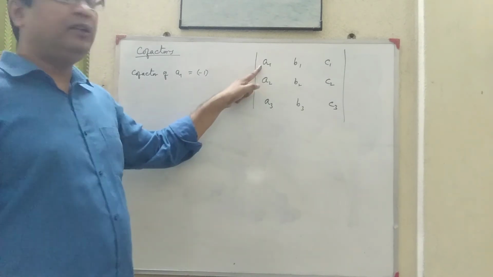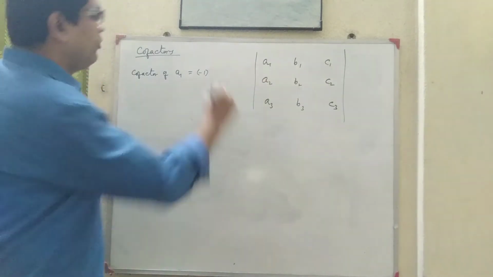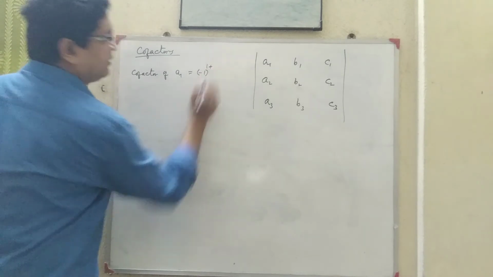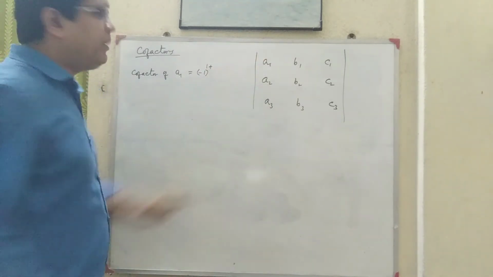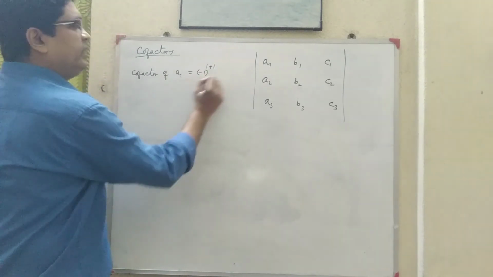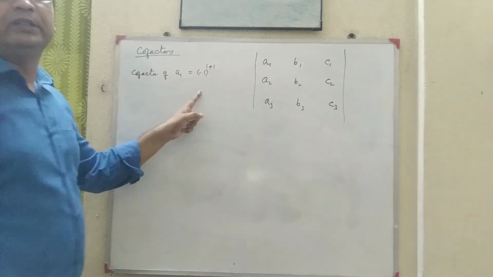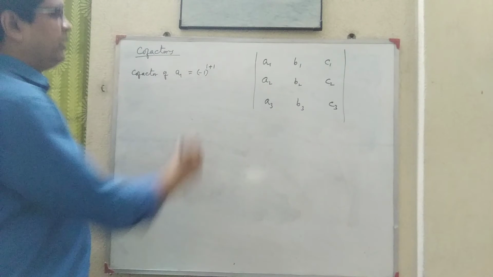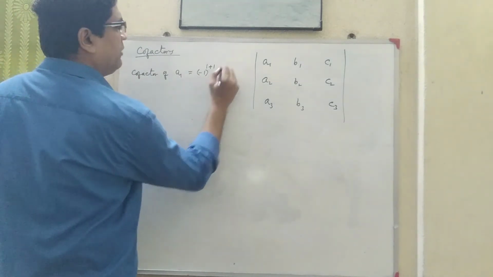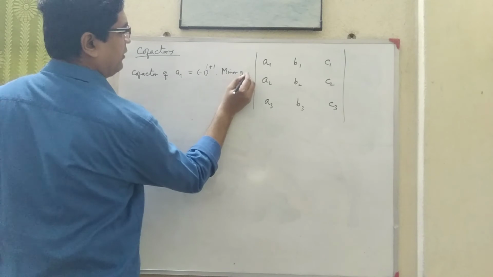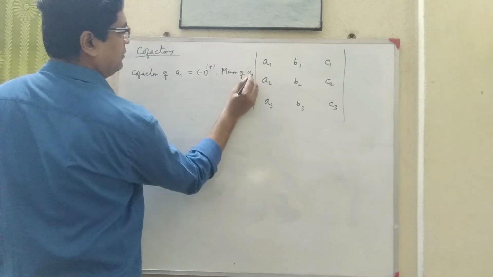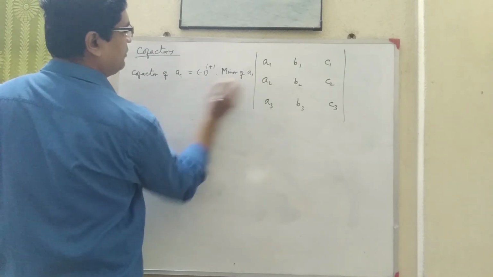Now A1 lies in the first row, so the row number is 1, plus A1 lies in the first column, so the column number will also be 1. So this will determine the sign of the cofactor, multiplied by the minor of A1. That is actually the cofactor.